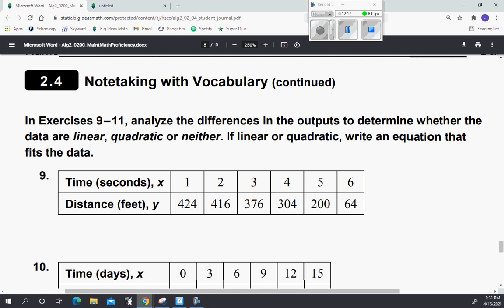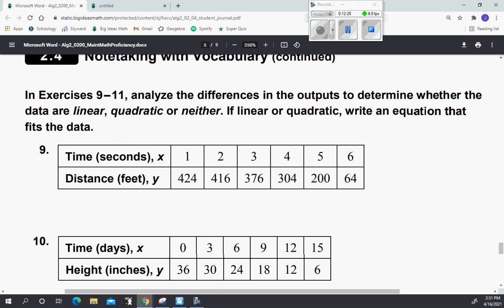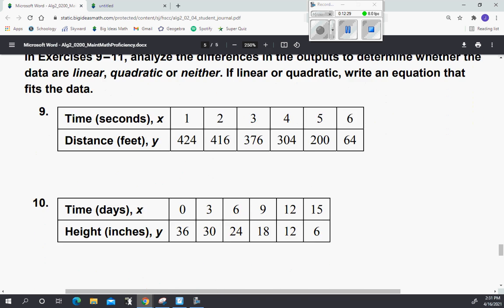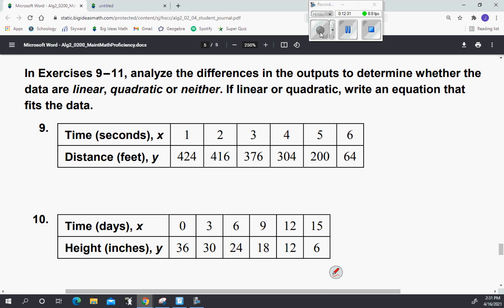If linear or quadratic, we have to write an equation that fits the data. First thing we're going to do is determine whether the data is linear, quadratic, or neither. There's a trick to doing that.